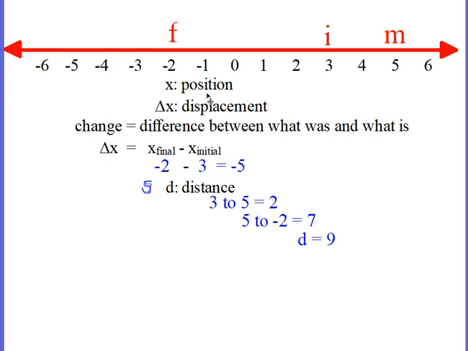Okay, so we have position, we have displacement, a change in position, and then we can consider the rate at which you move through a distance. That is called average speed. The rate at which you move through a distance.